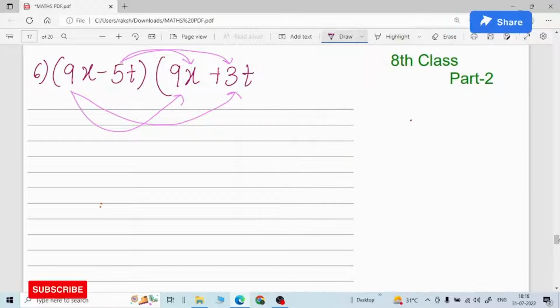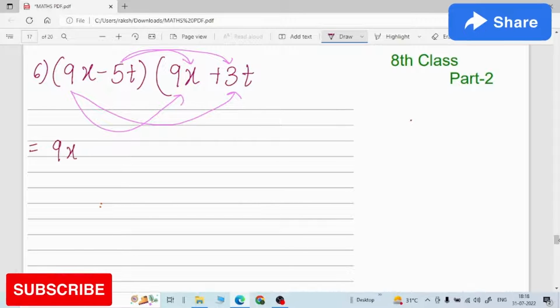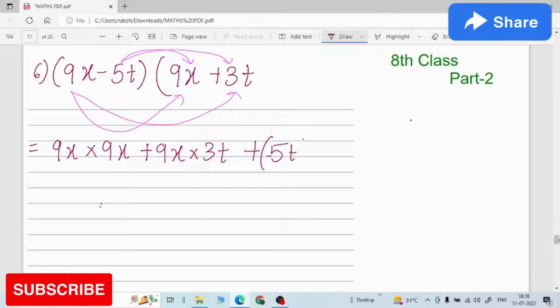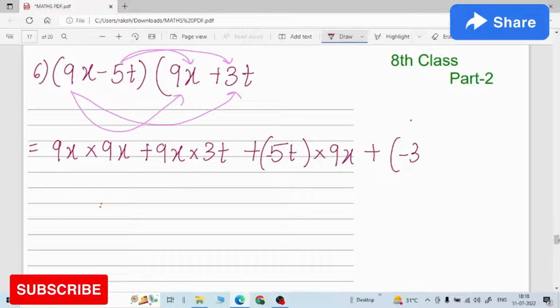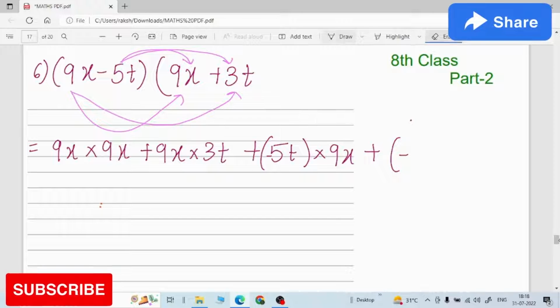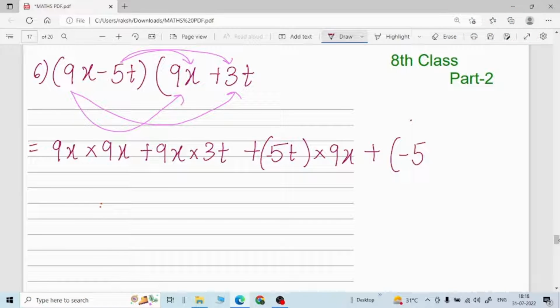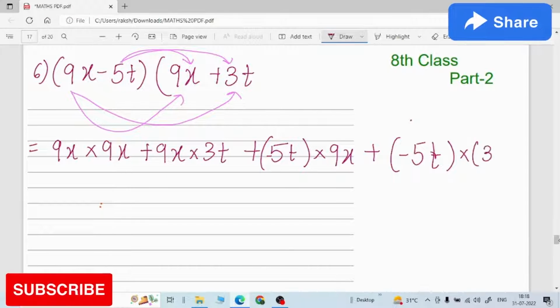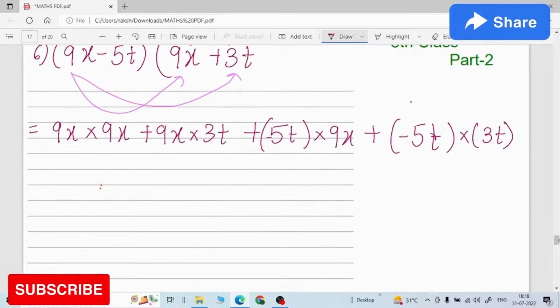So we get 9x into 9x plus 9x into 3, plus minus 5t into 9x, plus minus 5t into 3t.